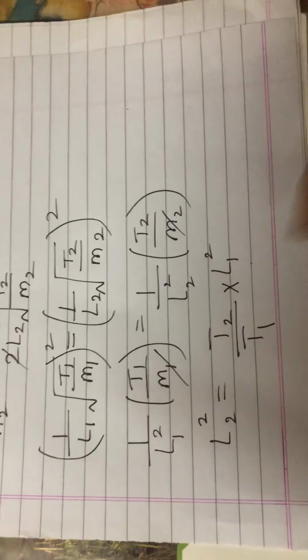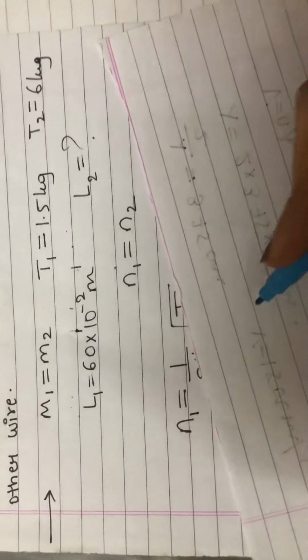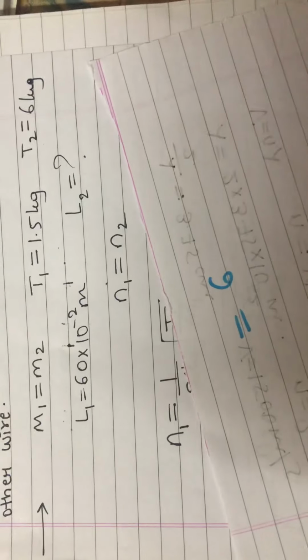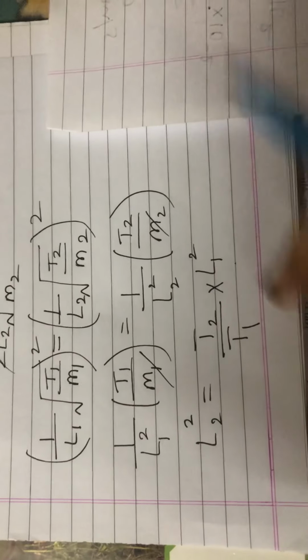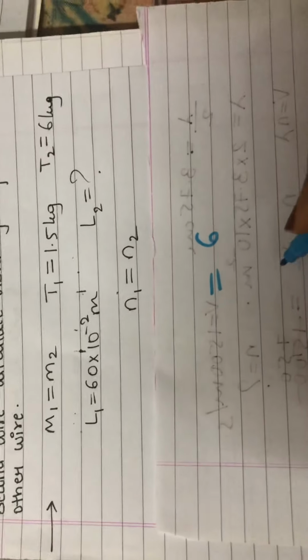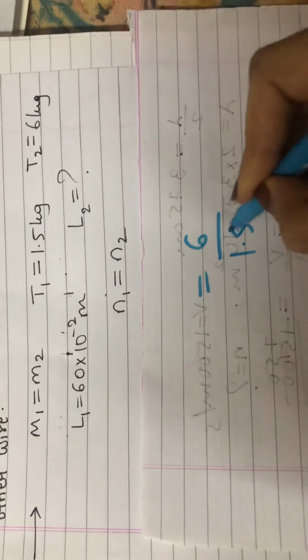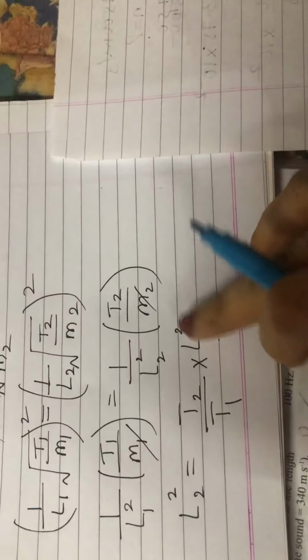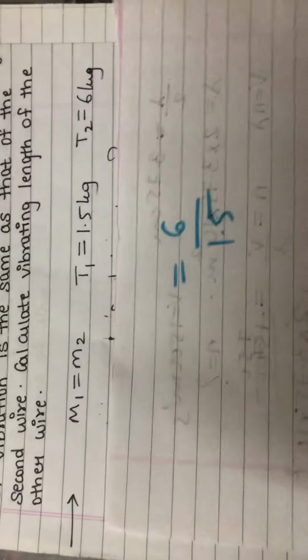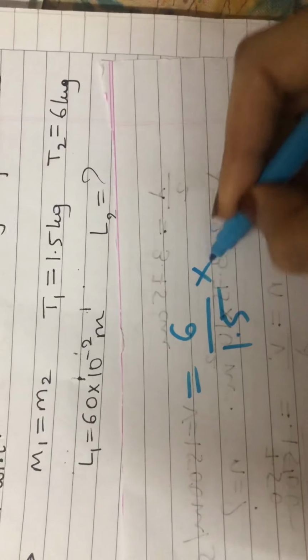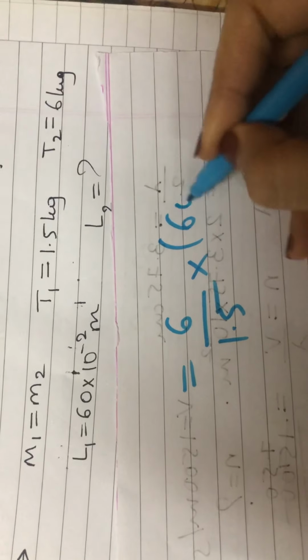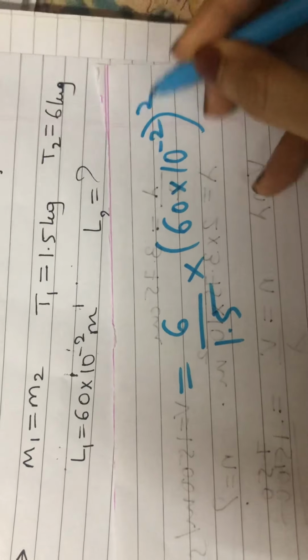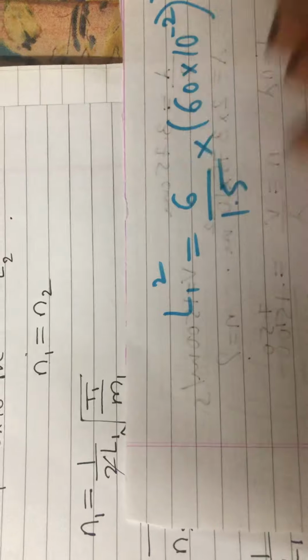Let's substitute and calculate. What is T2? T2 is 6 upon T1, T1 is 1.5, into L1 square, which is 60 into 10 raised to minus 2 whole square. Okay, this is my L1 square.